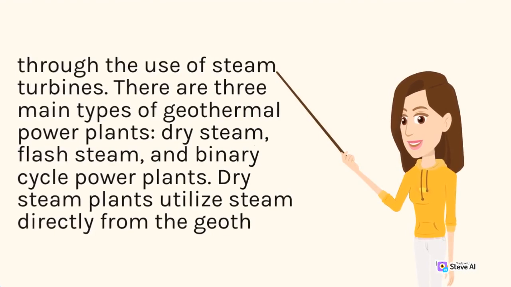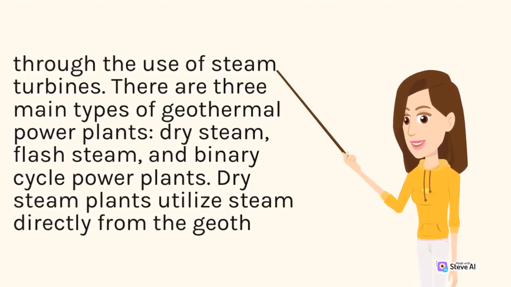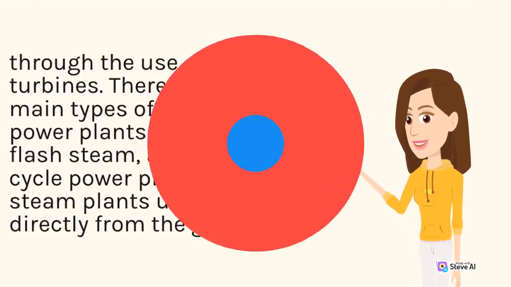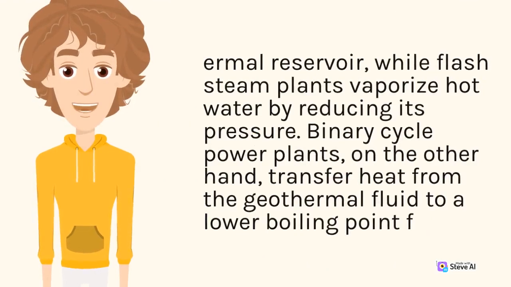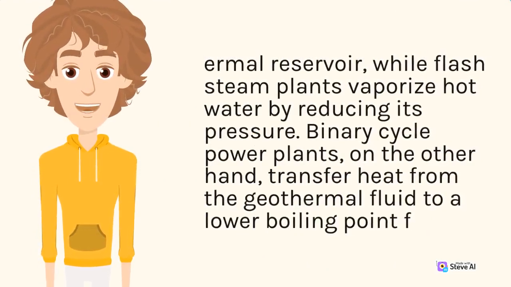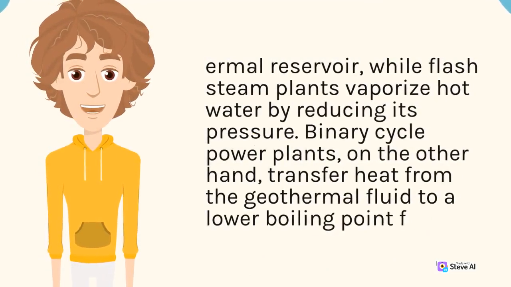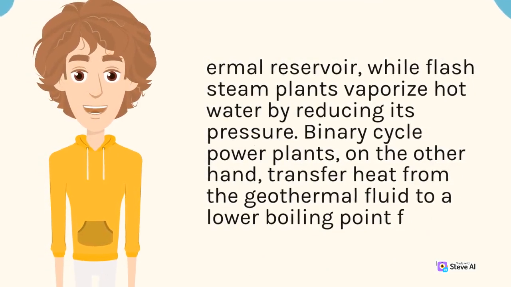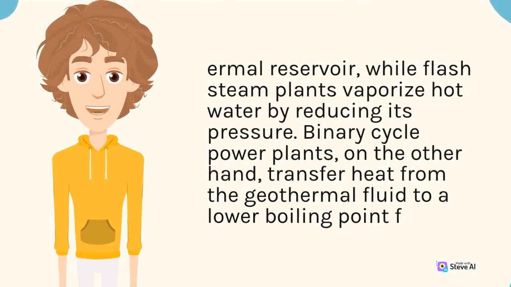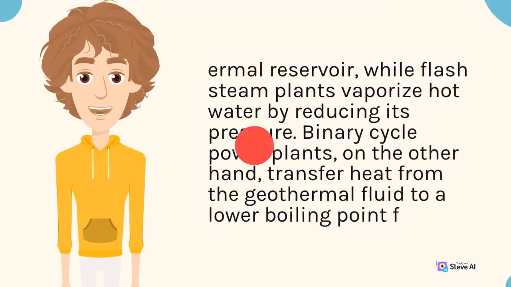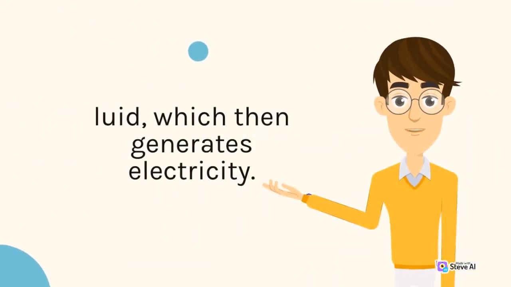Dry steam plants utilize steam directly from the geothermal reservoir, while flash steam plants vaporize hot water by reducing its pressure. Binary cycle power plants, on the other hand, transfer heat from the geothermal fluid to a lower boiling point fluid, which then generates electricity.